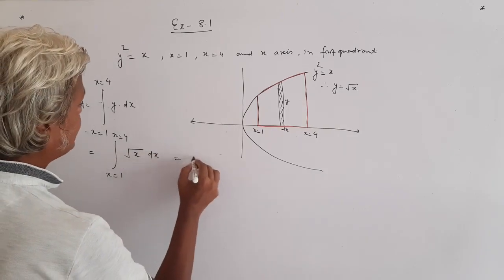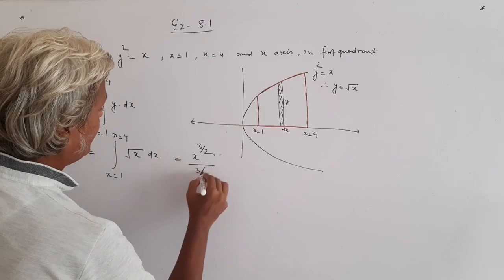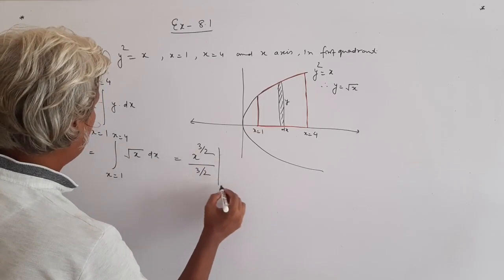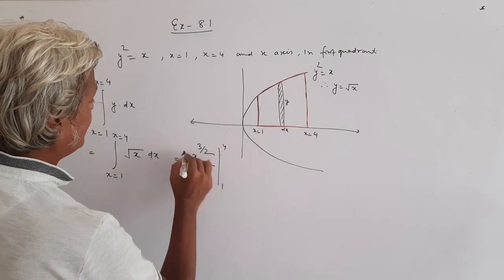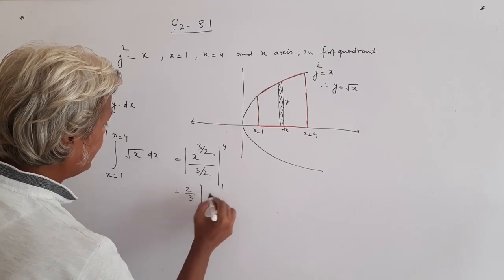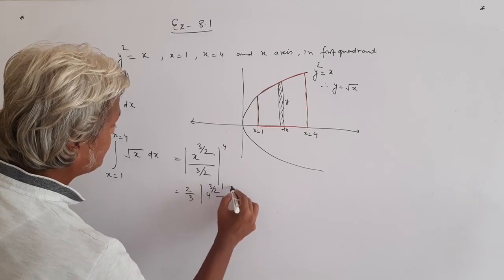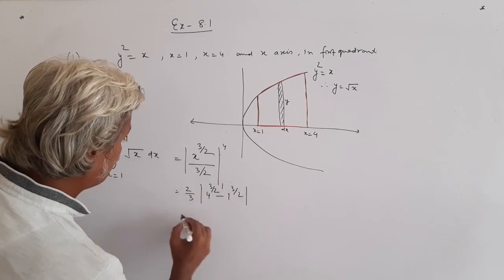So I integrate, this is x to the power 3 by 2 upon 3 by 2, with limits 1 to 4. So this 3 by 2 will become 2 by 3, and then 4 to the power 3 by 2 minus 1 to the power 3 by 2.